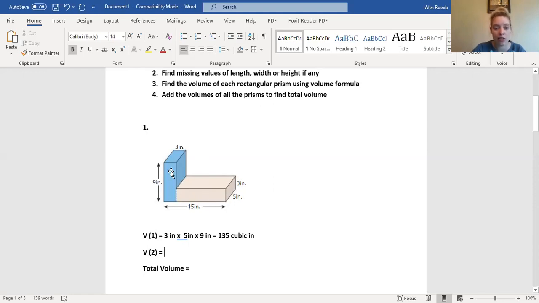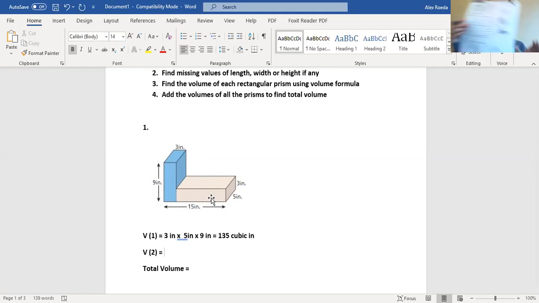So if I look at this prism, I can use this 3 to help me. So this blue value here is going to be 3. To find this white value, I'm going to need to do 15 minus 3, which is going to be 12. So you can cross out this 15, and it's going to become 12 inches.